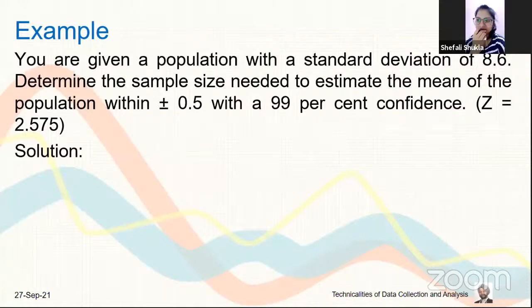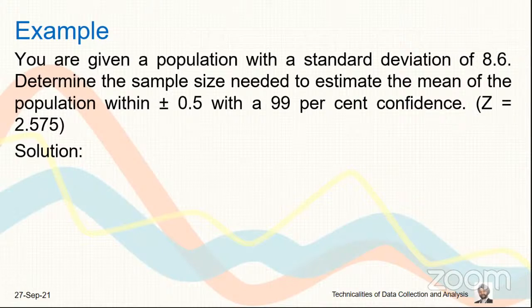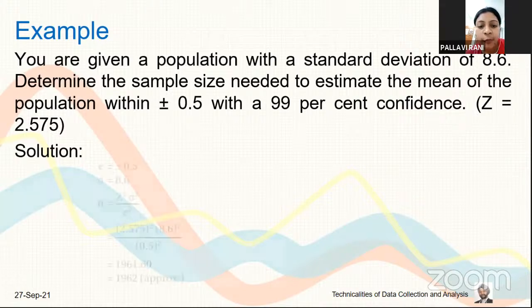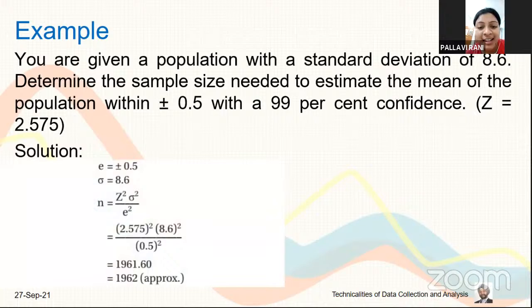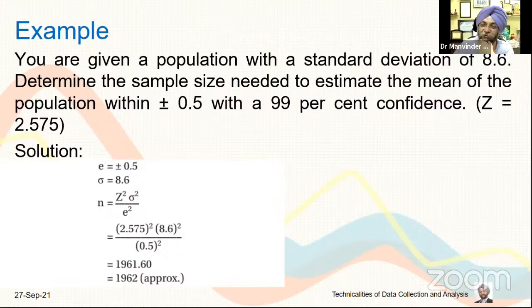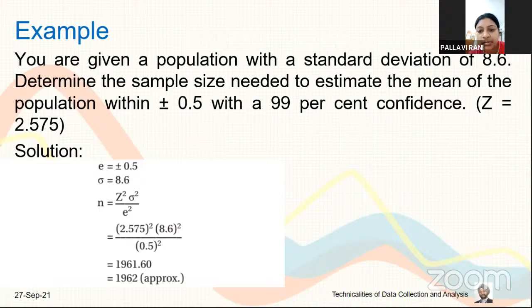Pallavi ji, what is your answer? 1961.41. So 1961.41, same answer, or 1962. Absolutely correct, 1962. So I hope now you are able to understand.